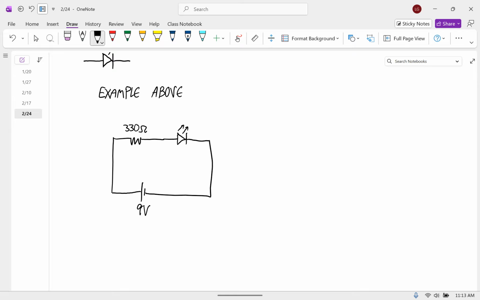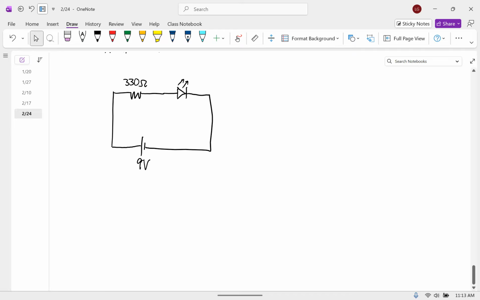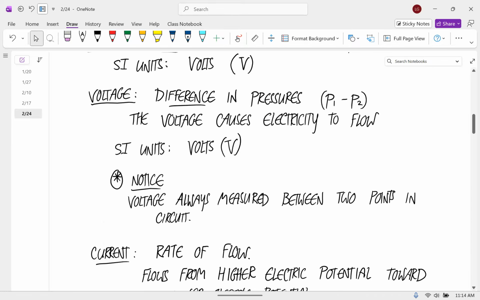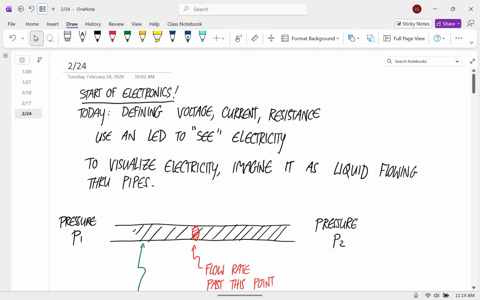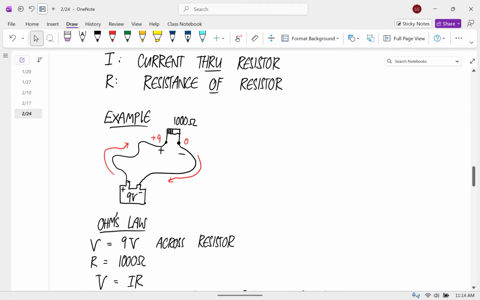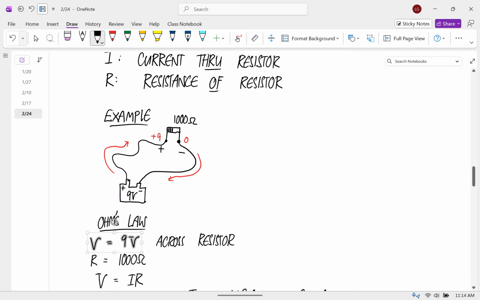Anybody have any questions about that? So let's do one simple thing. Go back to this example and draw a schematic diagram of that circuit.